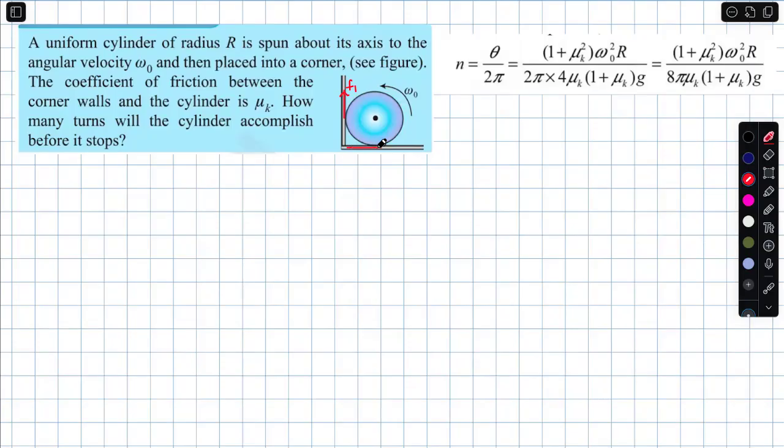The floor will exert a frictional force F2. The wall will exert a normal reaction N1. The floor will exert a normal reaction N2. That's the picture.